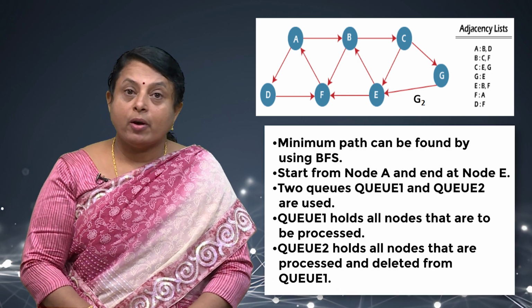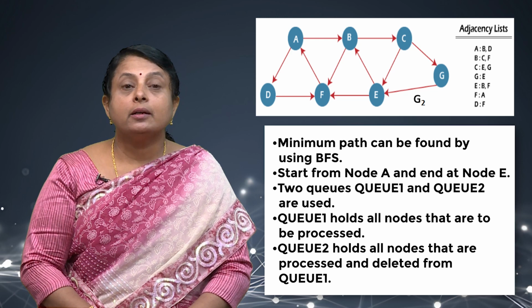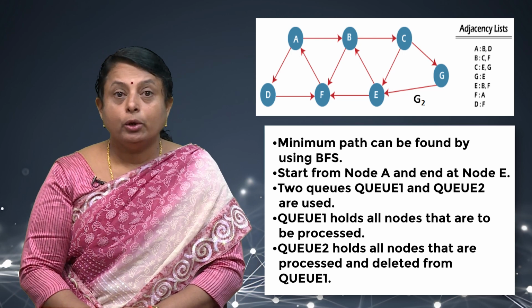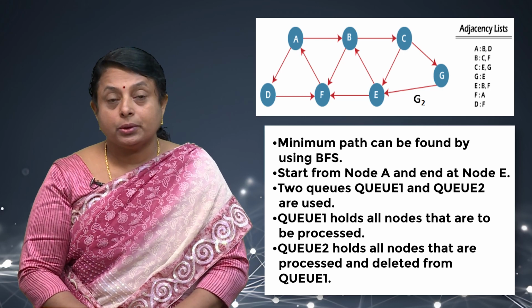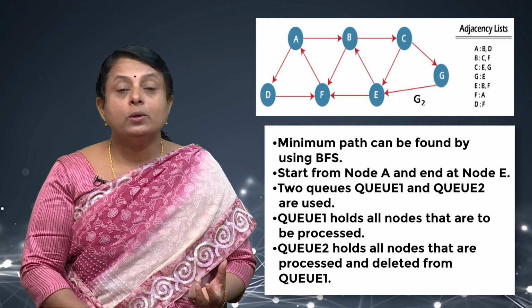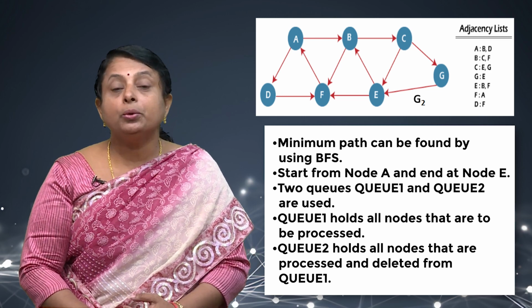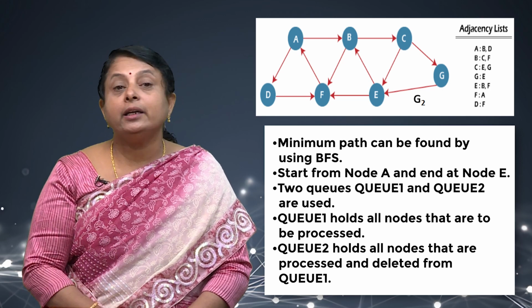Minimum path can be found by using BFS, and that will start from node A and end at node E. Two queues Q1 and Q2 are used. Q1 holds all the nodes that are to be processed. Q2 holds all the nodes that are processed and deleted from Q1.